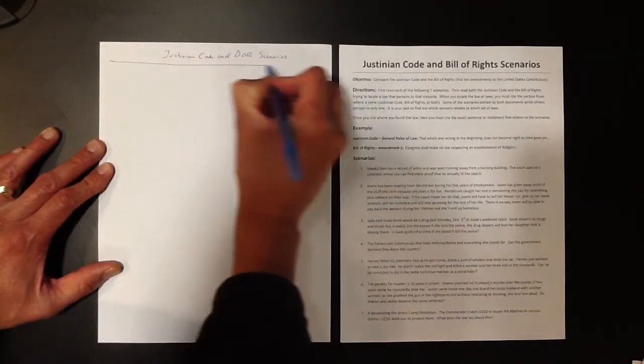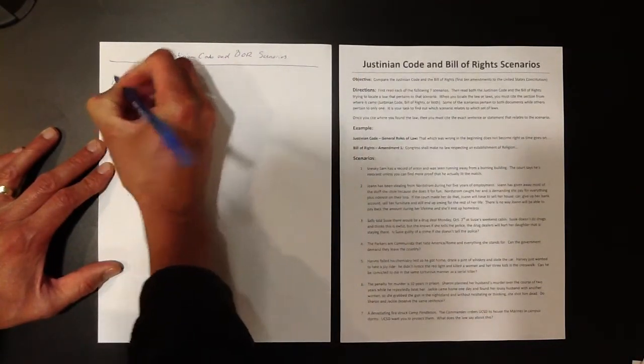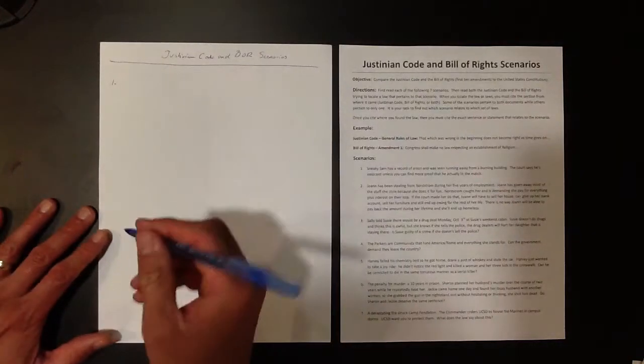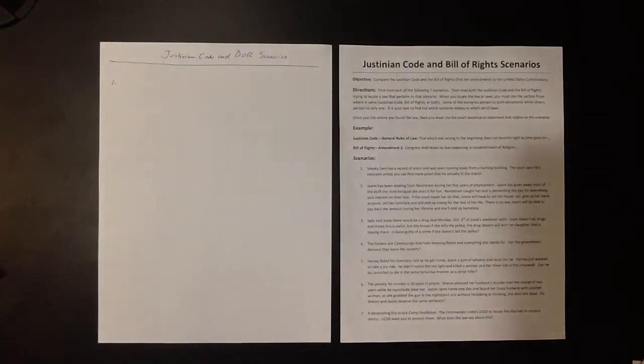Okay? And so for number 1, the first scenario, you're going to give me 3 things. You're going to tell me whether you agree or disagree, or how you're going to decide. Think of it as if you're a judge in a court and this court case has been brought to you and you have to make a determination on it.